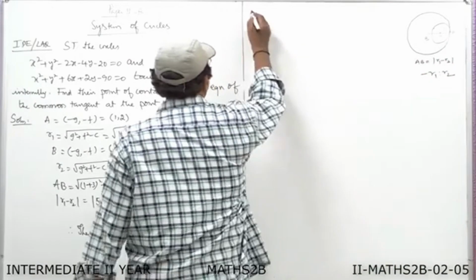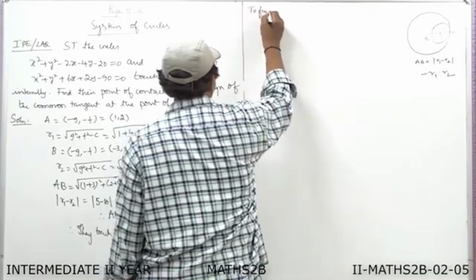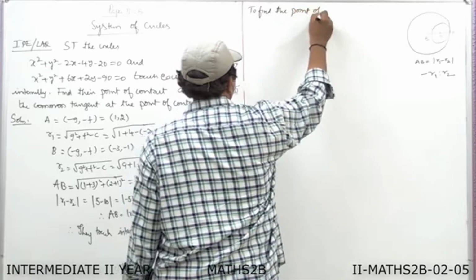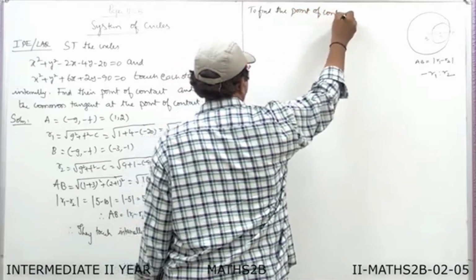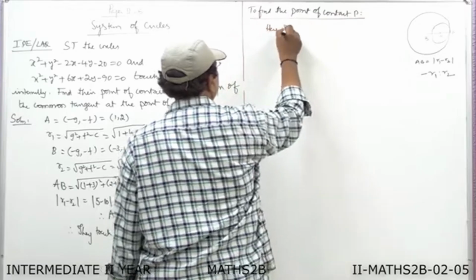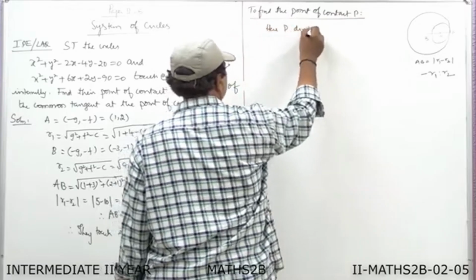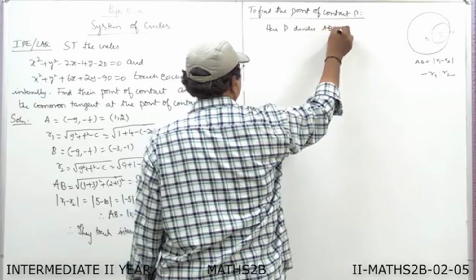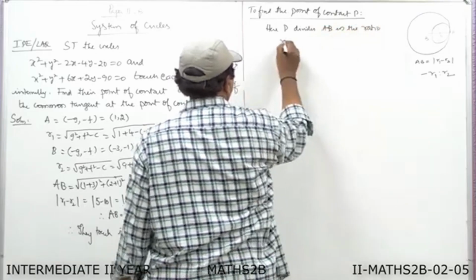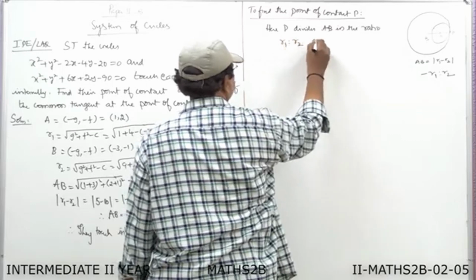So, to find the point of contact P, here P divides AB in the ratio R1 is to R2 externally.